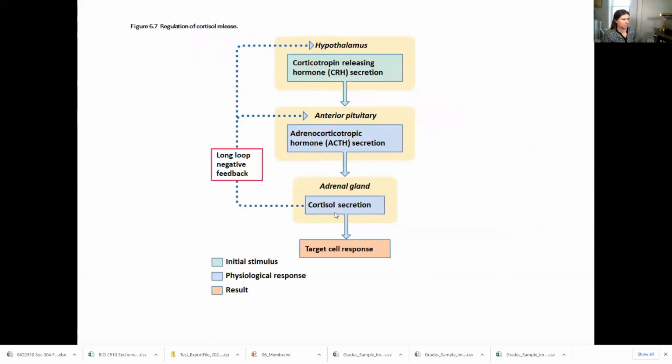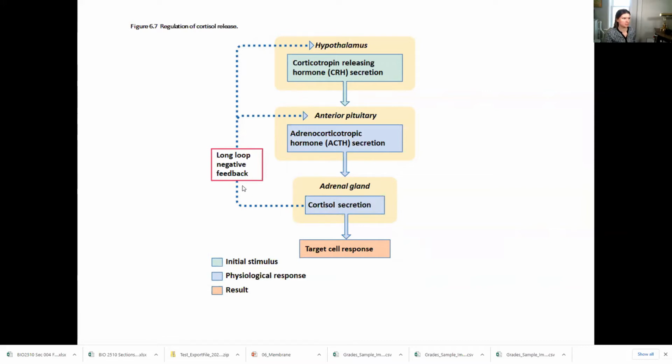Okay, is this idea of feedback. So this is showing us that flow chart in another way, CRH to ACTH to cortisol. But on this chart, we can also see that cortisol is giving us a form of long loop negative feedback. The long loop negative feedback is when this final hormone loops back and turns off one of these upper parts of the pathway.